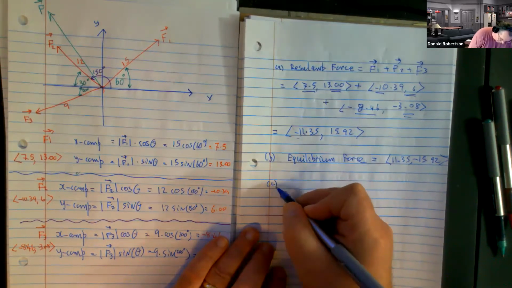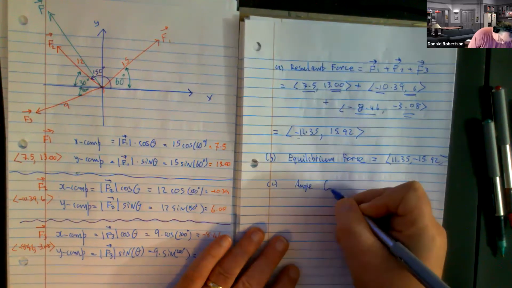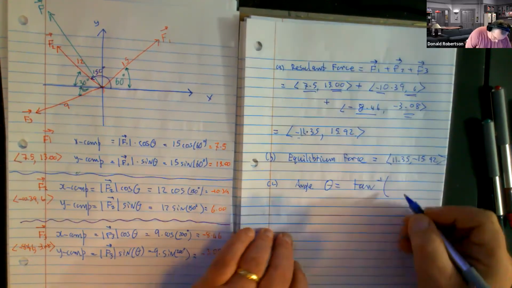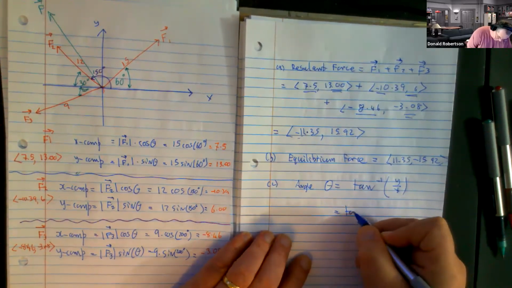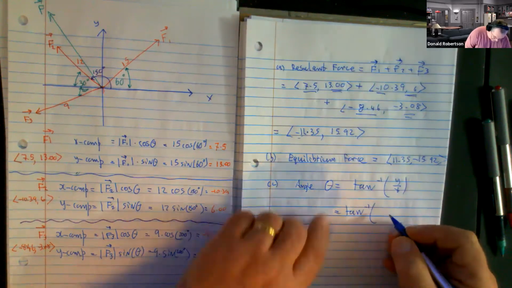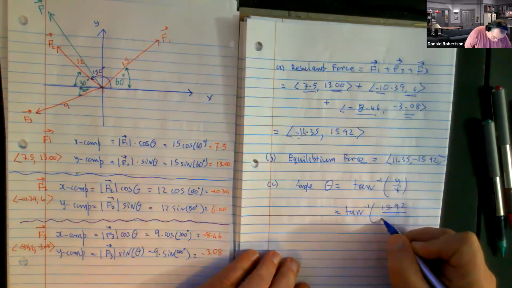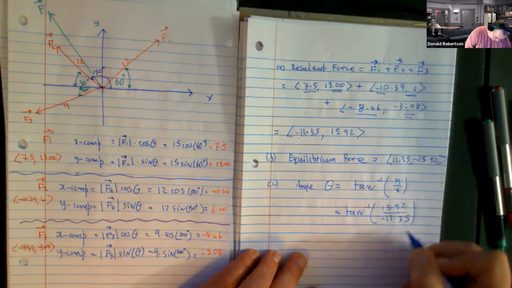Now, the one that I thought they were going to do would be the angle that this vector makes. And that would be the inverse tan of y over x. So let's pretend they did part C. That's going to be 15.92 over negative 11.35.